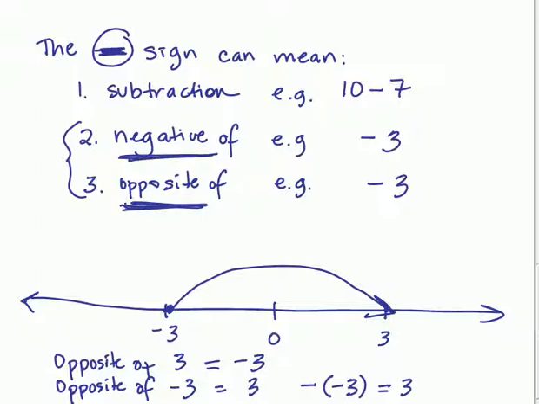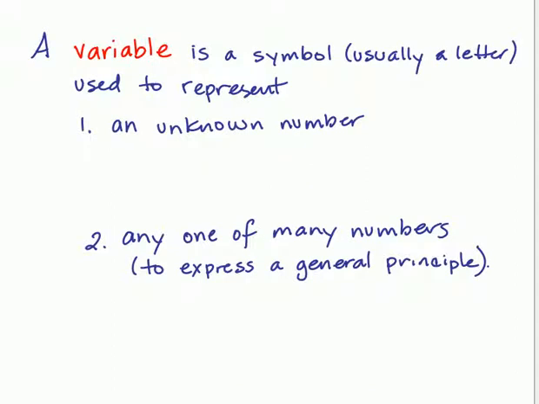One final thing, we will take a look at what a variable is. You go, oh, I know what a variable is. It's a letter. I want to point out that a variable can represent two different things. One, and the most common use you'll see for variables in this algebra class, is that it represents an unknown.